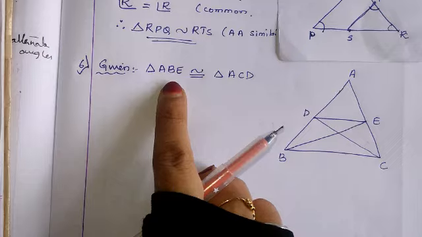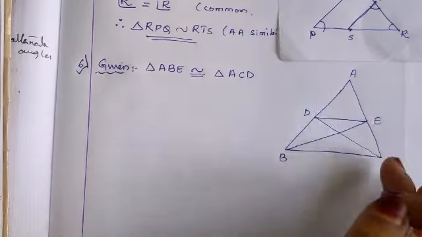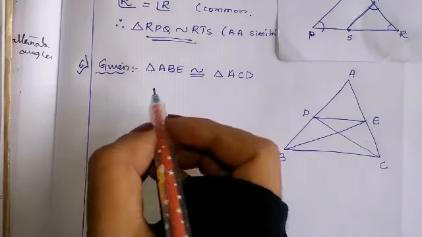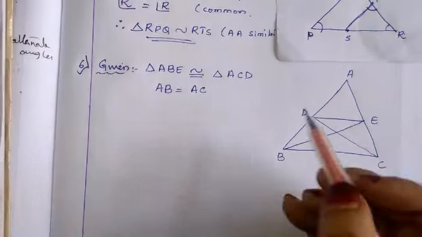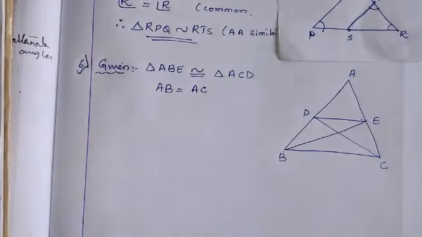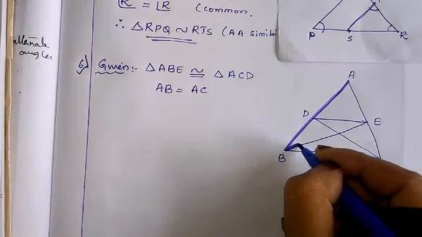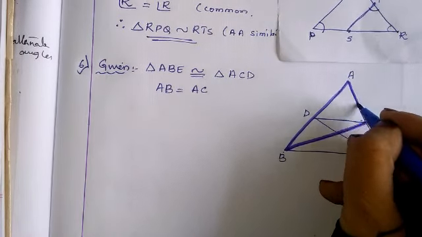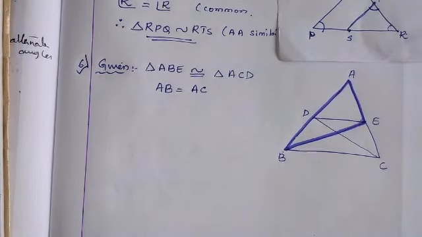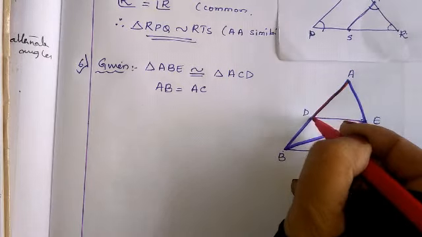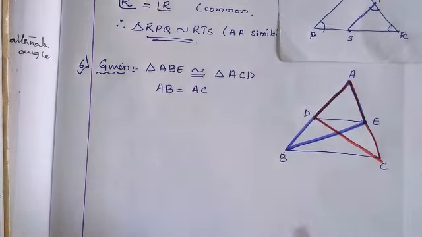So we know that if the triangles are congruent, then all their sides and all angles are equal. I'll highlight ABE. They have told this triangle is congruent to ACD. These two are congruent triangles they have told in the question.